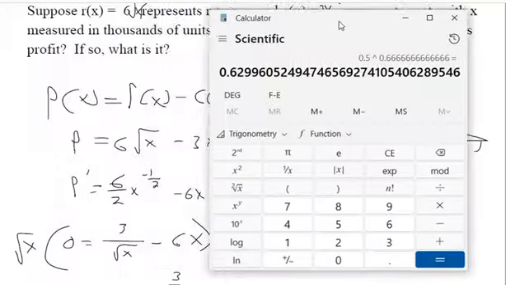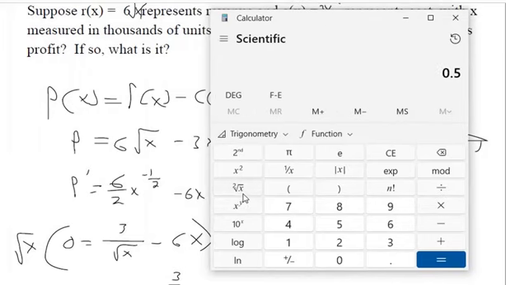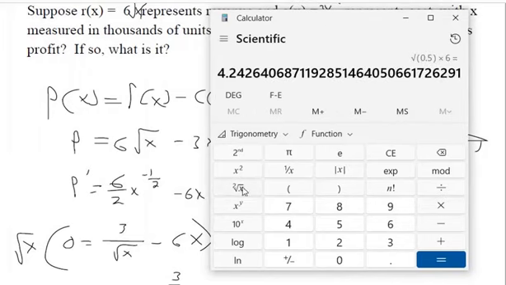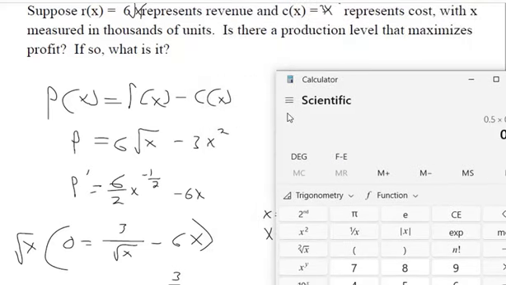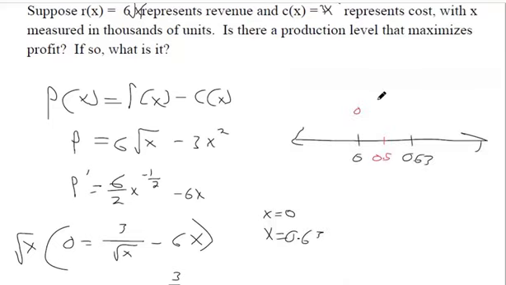So if I do that, the square root of 0.5 times 6, and then we got 0.5 squared times 3, so 0.75. We want to subtract 0.75 from it, so it's 3.49. Okay, so that tells us we're going to hit a maximum here, right? Because since it's a continuous function, we expect this to keep increasing until we hit a critical point. And I'll show you that it's a maximum for sure in just a second.